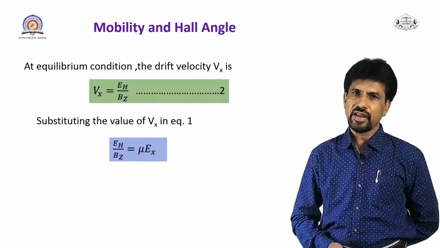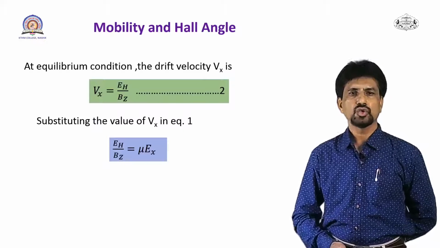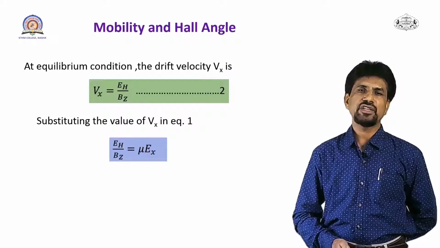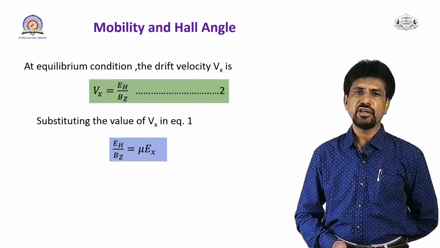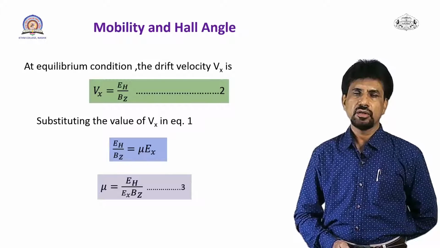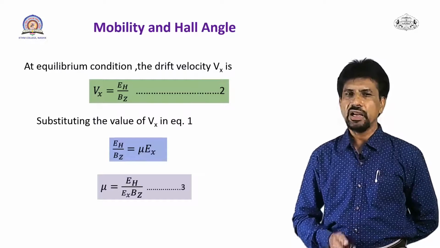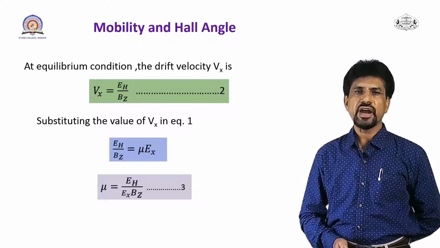Therefore, substituting the value of Vx in equation number 1, we can express the mobility as EH divided by BZ is equal to mu times Ex. Expressing it in terms of mu, mu is equal to EH divided by Ex into BZ.